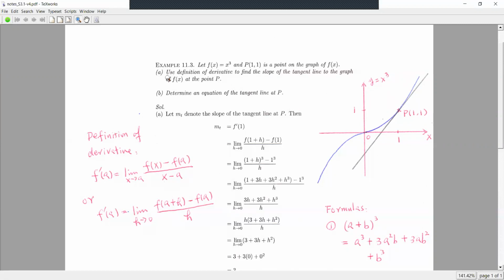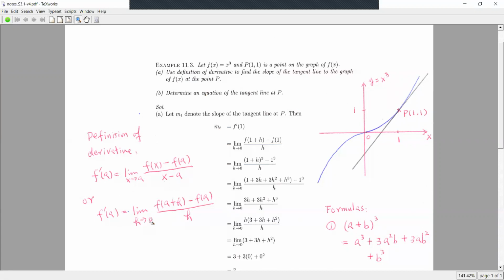Part A. Use the definition of derivative to find the slope of the tangent line to the graph of the function at the point P. At the point P, there is a tangent line. The definition of derivative means these two formulas.